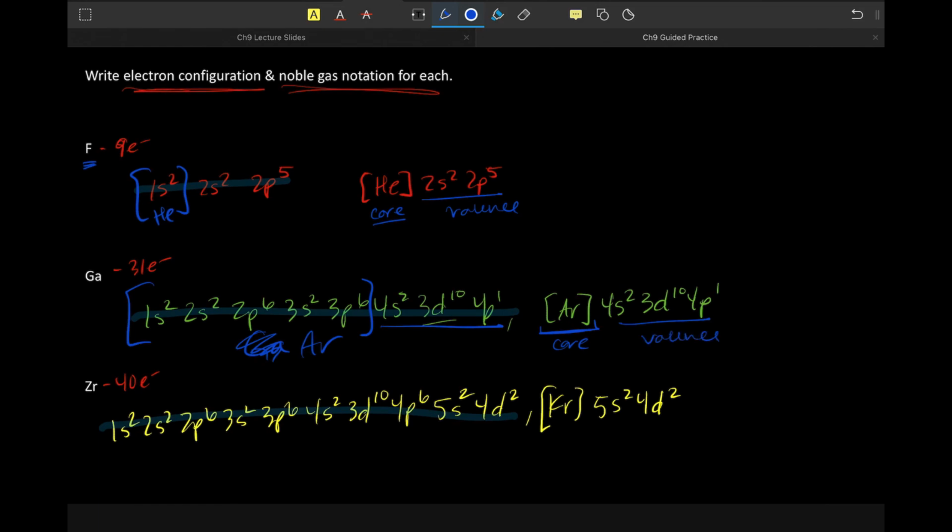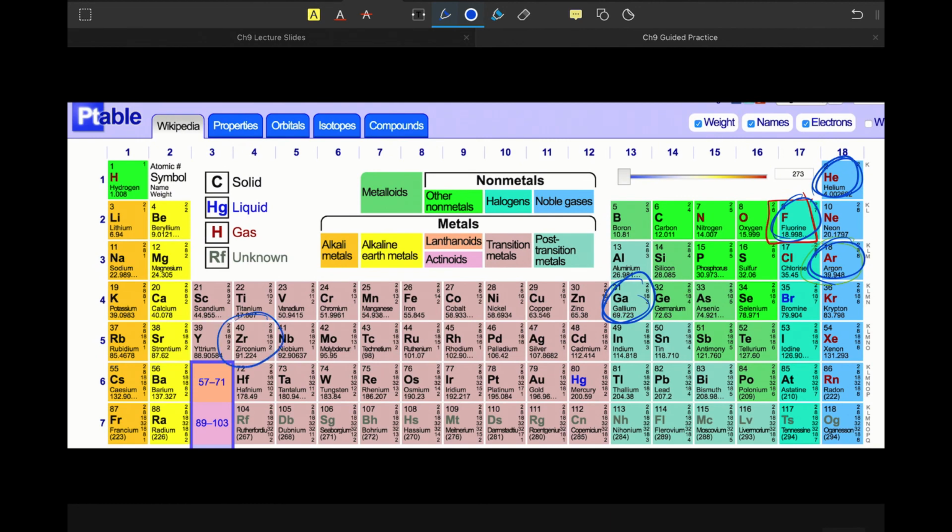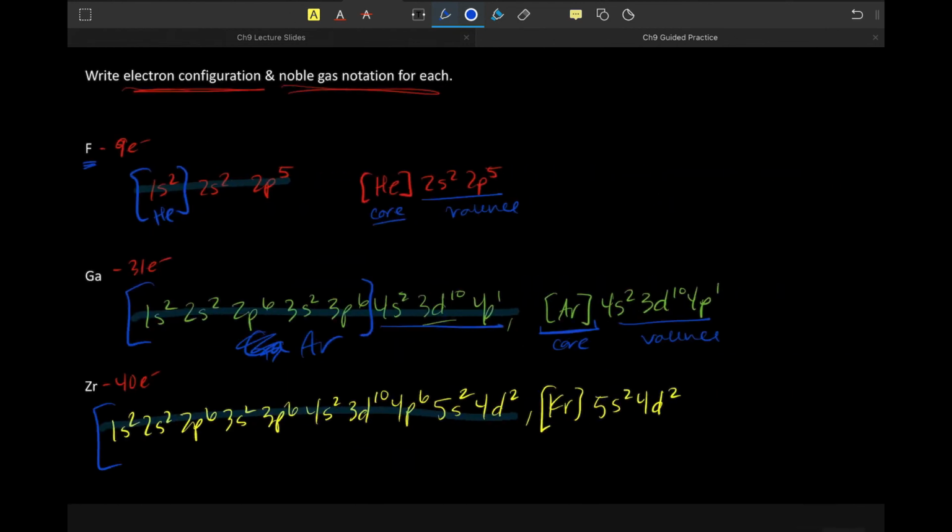And all of that matches. Same thing with zirconium. Here's zirconium. The one before that is krypton. Krypton has 36 electrons, so all of this is krypton. So here we have, again, core versus our valence.